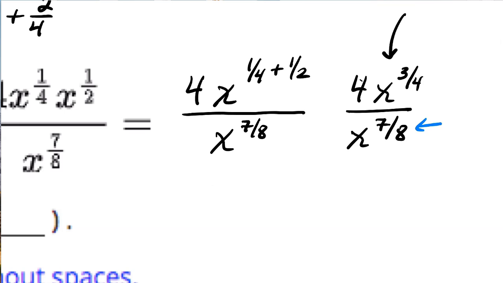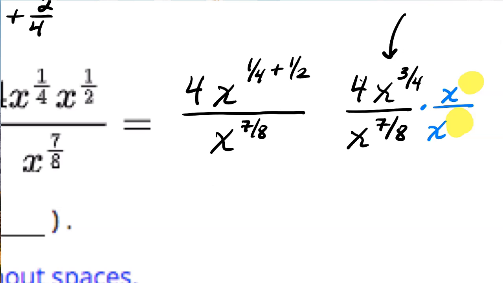It's basically similar to the idea of rationalizing the denominator. And to do that, what we can do is we can multiply the top and bottom by x to the something. I'm going to do a little highlighter so you can think about this. X to something, so that when we multiply the denominator x to the 7/8 by x to the something, we would get x to the 1st.